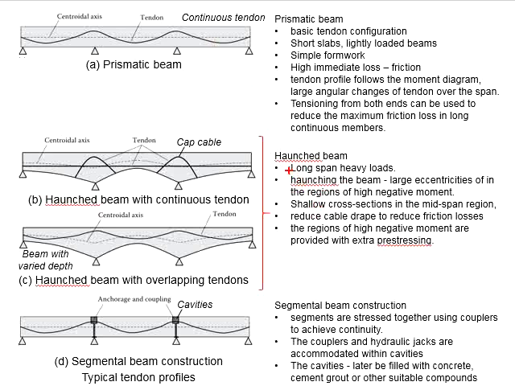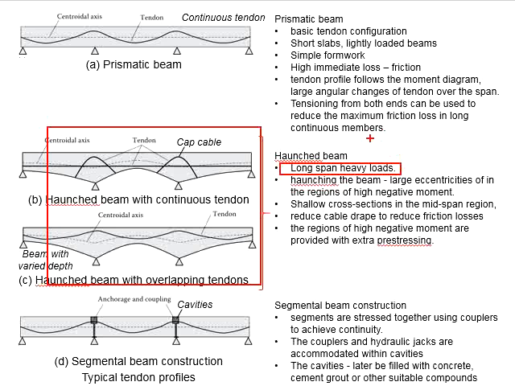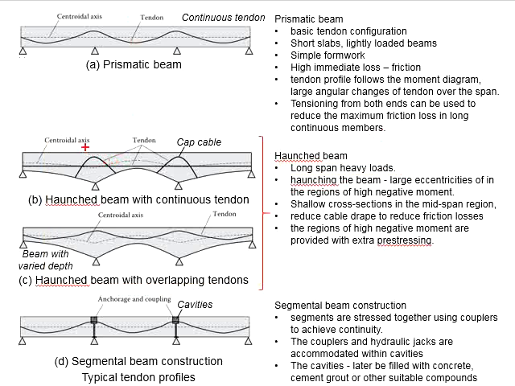This type of beam is mainly used for long spans and heavy loads, where there is a necessity to increase the degree of eccentricity, especially at the regions of high negative moment.